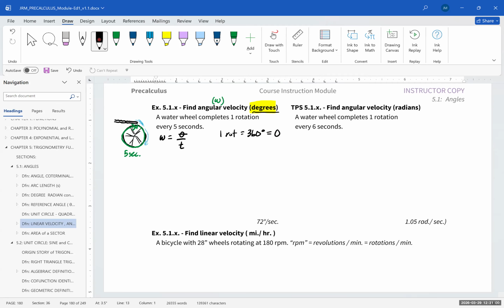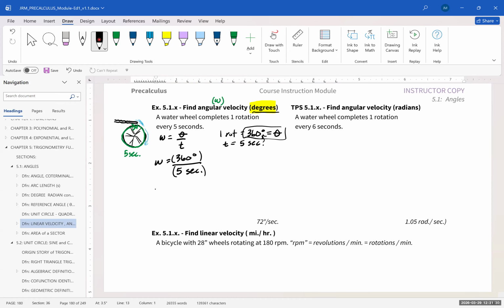So that will be our theta. And then our unit of time was it took 5 seconds to go 360 degrees. So our angle theta is going to be 360 degrees over 5 seconds of time. Let me go ahead and put those in parentheses to show that I just substituted those values in.